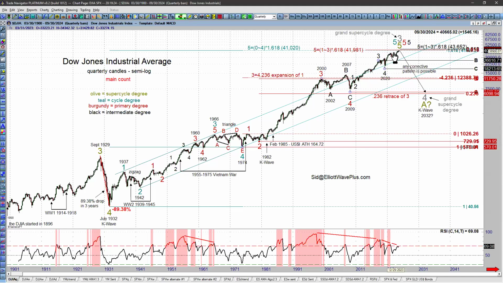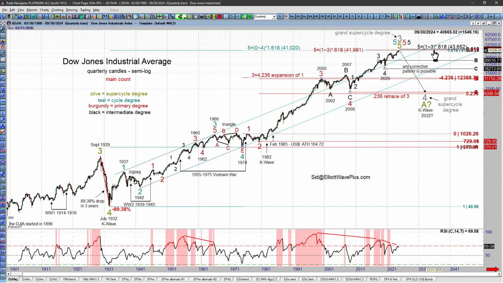And then within this move up from the March of 2009 low, 1, 2, 1, 2, 3, 4, 3, 4, 5. So this 5th wave up, so that would be up from the 2020 low in black. So this intermediate degree 5th wave up, best target, since we've already seen an extended 3rd wave, would be normal.